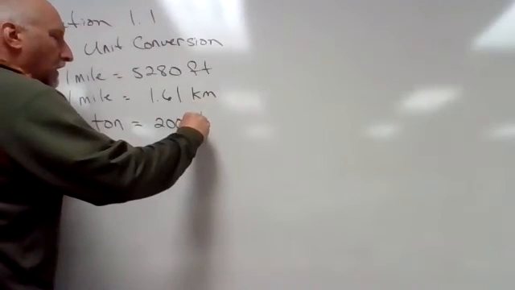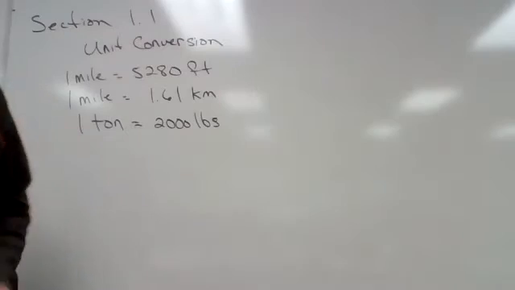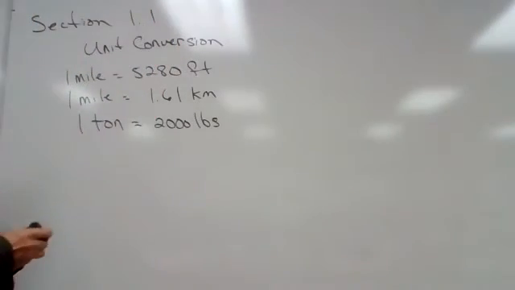I was asking some college students if they knew how much a ton was. They had no idea, so I'm going to throw that in there. But there's also inches to feet and all that jazz, which most of you should know. So we're not going to go any further than that. Those are some basic unit conversions that we need to put in our memory bank.